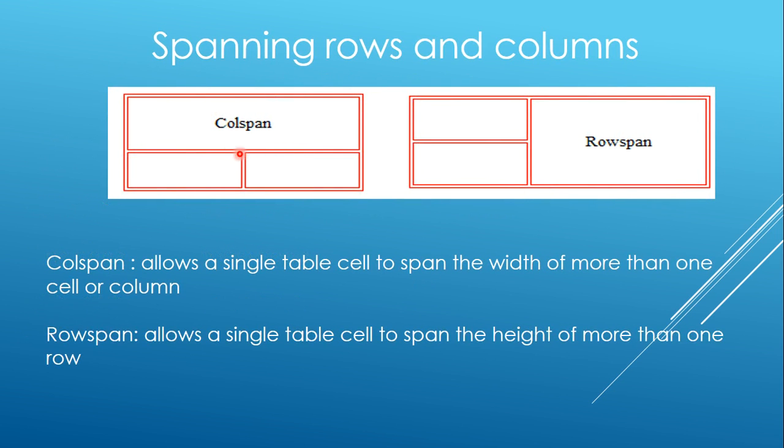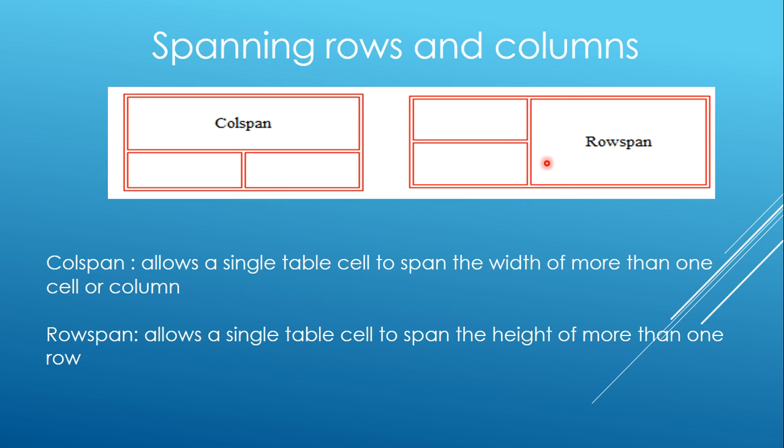You see here, the column span allows a single table cell to span the width of more than one cell or column. Whereas the row span allows the table cell to span the height.